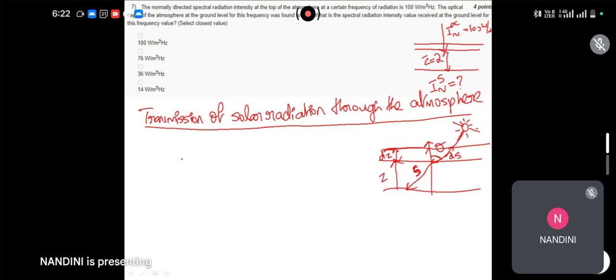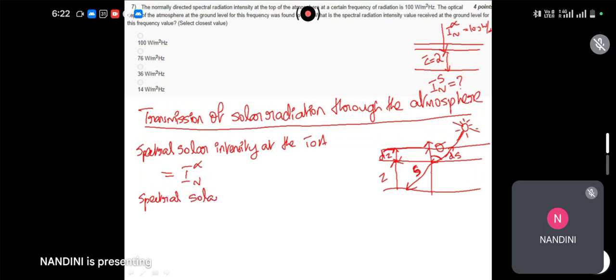Okay. The spectral solar intensity at the top of the atmosphere is given by I nu infinity, and the spectral solar intensity incident on the earth is given by I nu s.